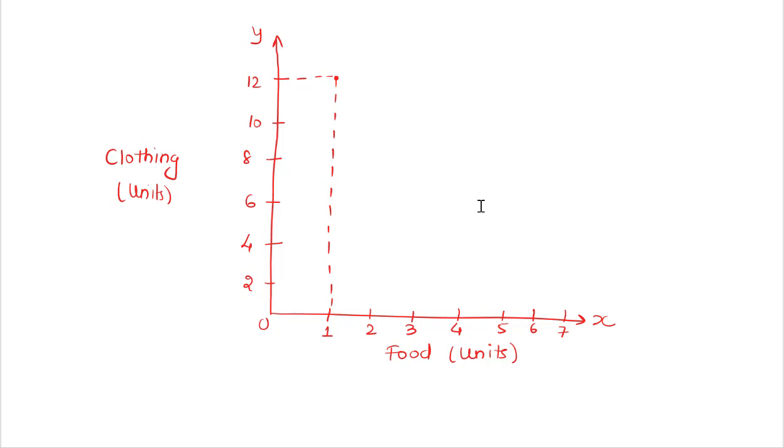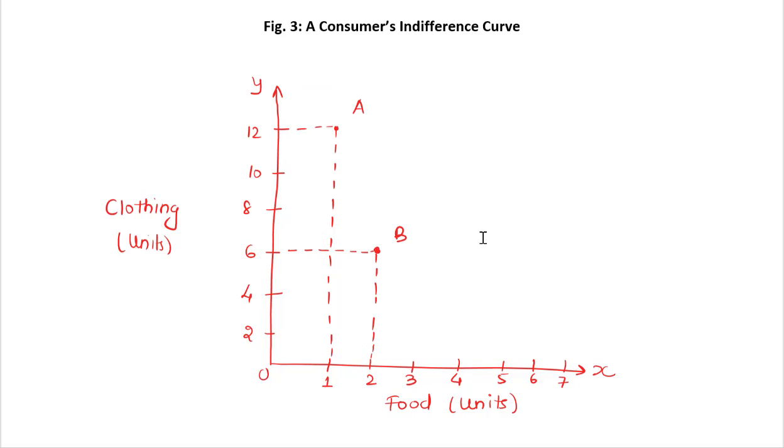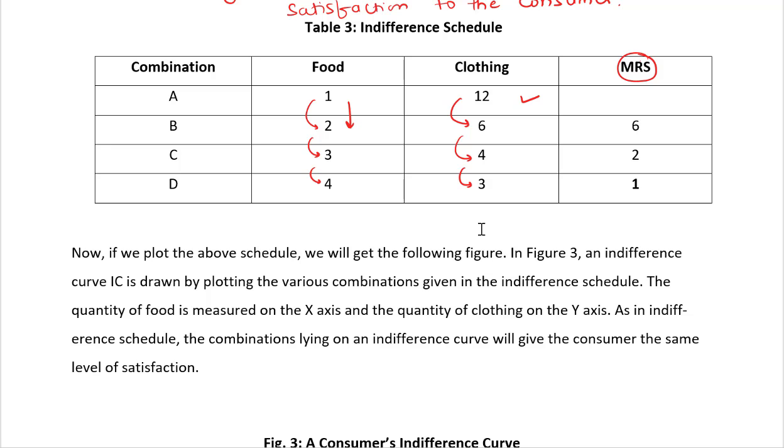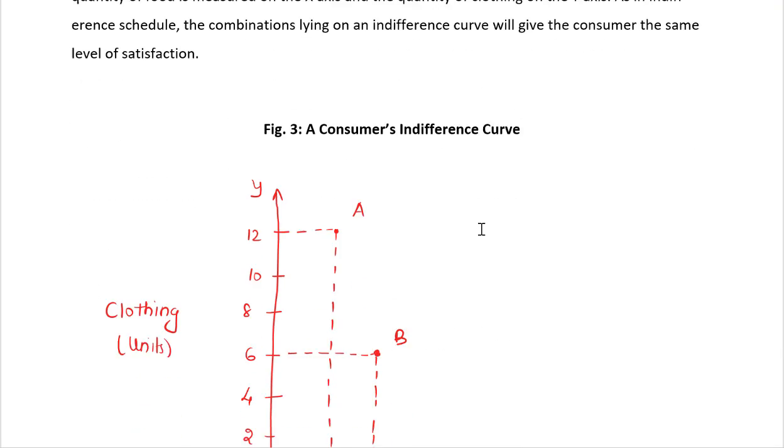This is combination A. What is combination B? 2 and 6. This is combination B. Combination C is 3 and 4.